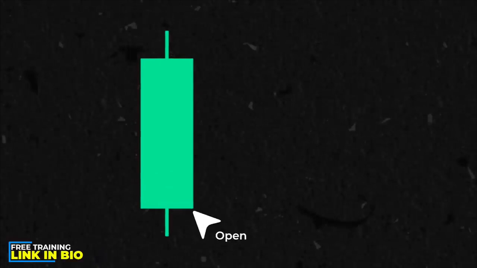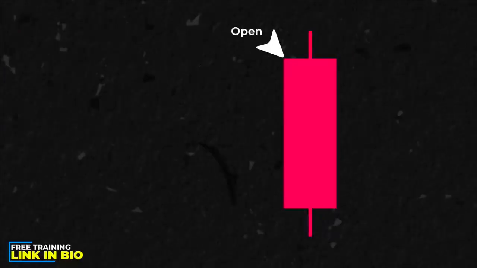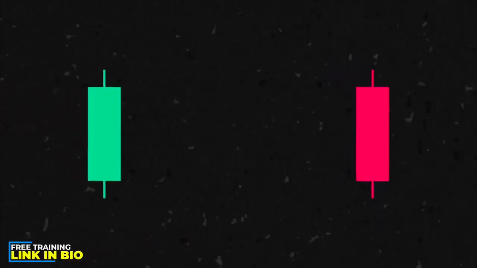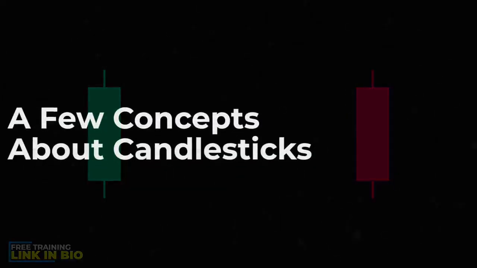For green candles, the lower end of the body is the opening price, and the upper end is the closing price. On the red candle, the upper end of the body is the open, and the lower end is the close.